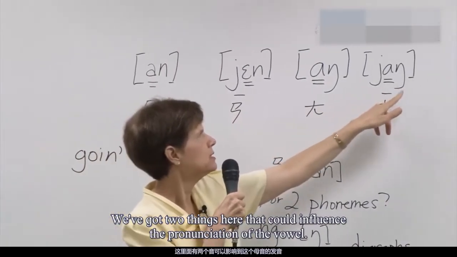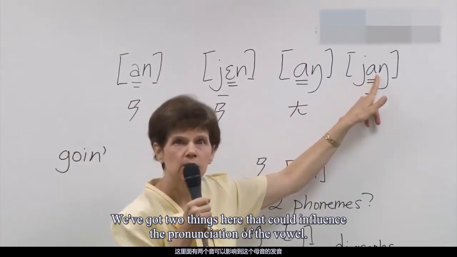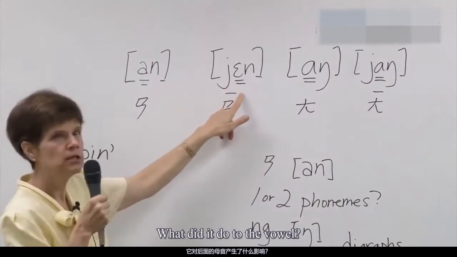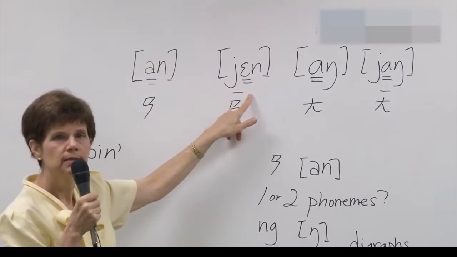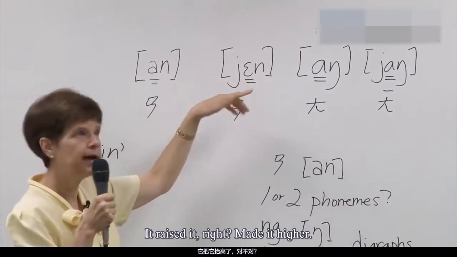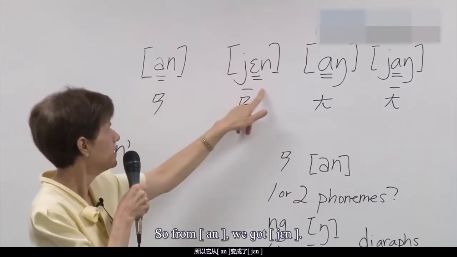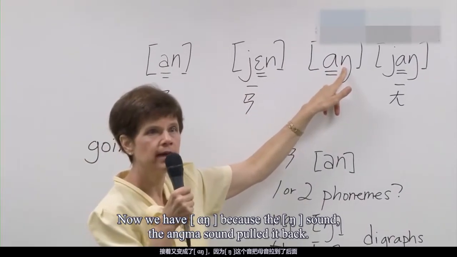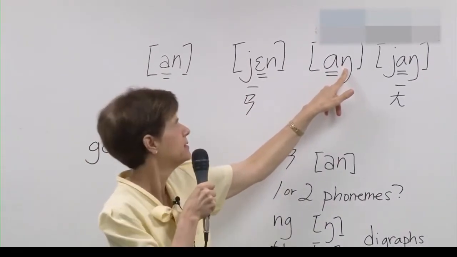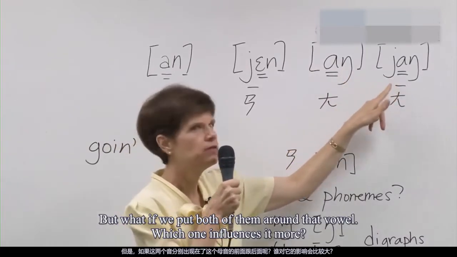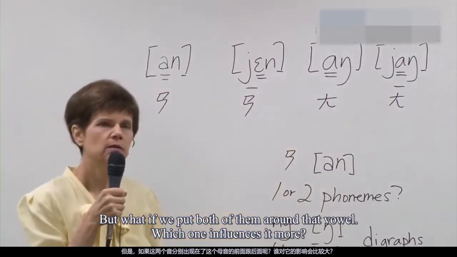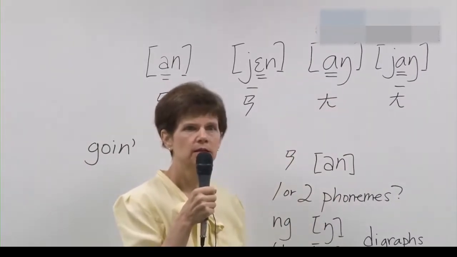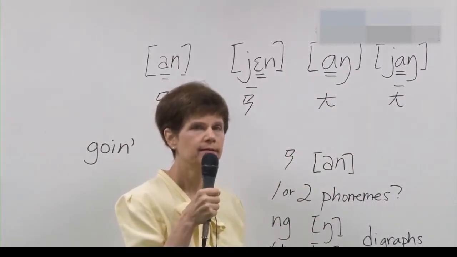We've got two things here that could influence the pronunciation of the vowel. We've got y. When we had y in this case, what did it do to the vowel? It raised it, right? Made it higher. So from an we got yin. Now we have ang because the ng sound, the engma sound, pulled it back. But what if we put both of them around that vowel? Which one influences it more? The nasal or the glide?